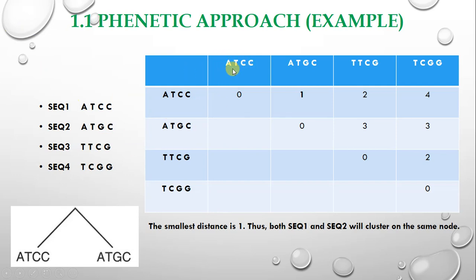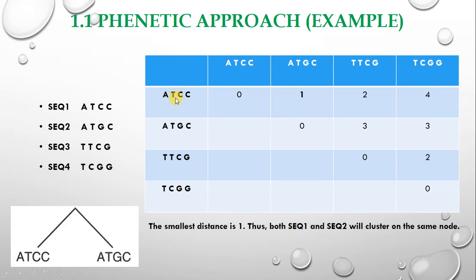How this matrix will work, you need to understand this. The 4 sequences I write here, sequence 1, sequence 2, sequence 3, sequence 4 on the top panel, and also here sequence 1, sequence 2, sequence 3, sequence 4 in the same order. Now look for distances. ATCC, when compared to its own ATCC, there is no difference, so the distance is 0.